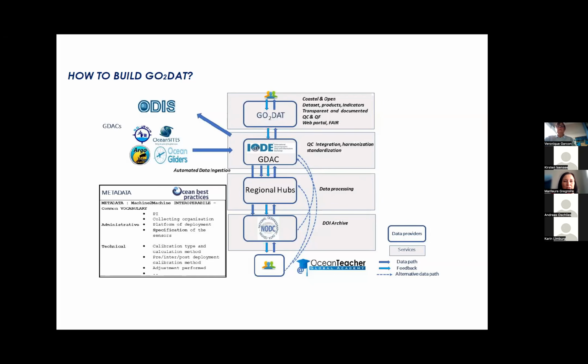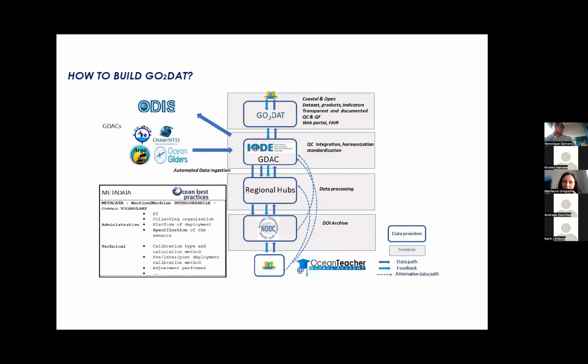And of course, all these GDACs are collecting oxygen data, but the issue is that metadata definition and quality check are not uniform. It's not always uniform between these different GDACs, and even inside a given GDAC it can also differ. So IODE will interact with the GDACs, but we will also interact with the National Oceanographic Data Centers. That's very important.